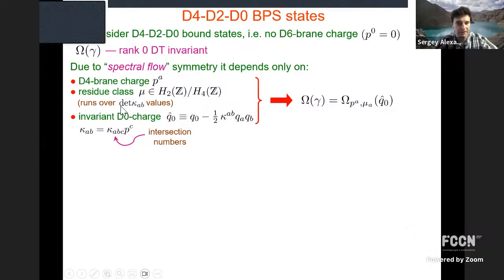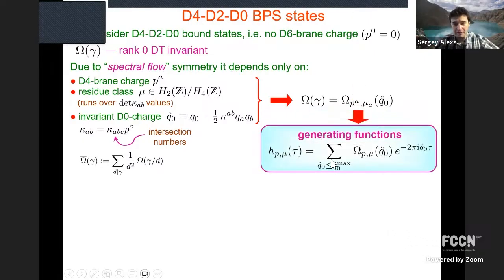Namely, this number is equal to the determinant of the quadratic form constructed from the intersection numbers of the Calabi-Yau and the D4 brane charge. And therefore, I can denote my BPS index as the index labeled by the D4 brane charge, this residue class, and it depends on this invariant D0 brane charge.